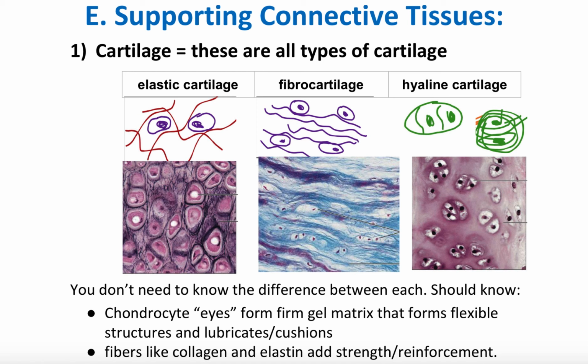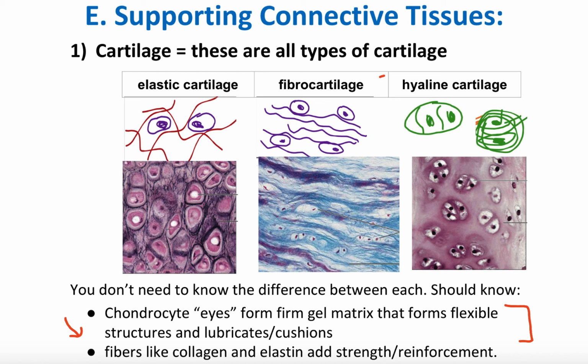However, what you really just need to know is to recognize on sight whenever there's a chondrocyte or eyeball-looking things, and recognize that those are the things making the background matrix of flexible but strongish material. And likewise, that some or all of the cartilage have fibers in it, sometimes less, sometimes more, depending on how strong and rigid that cartilage has to be.